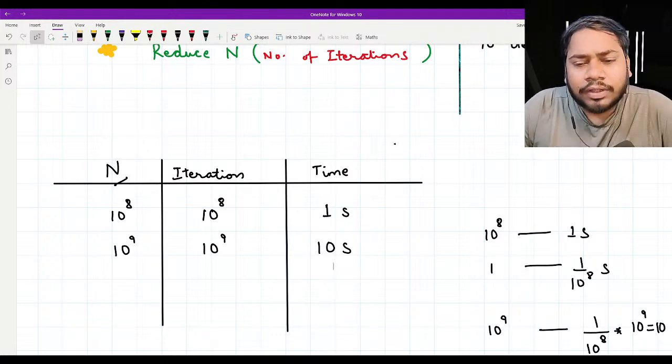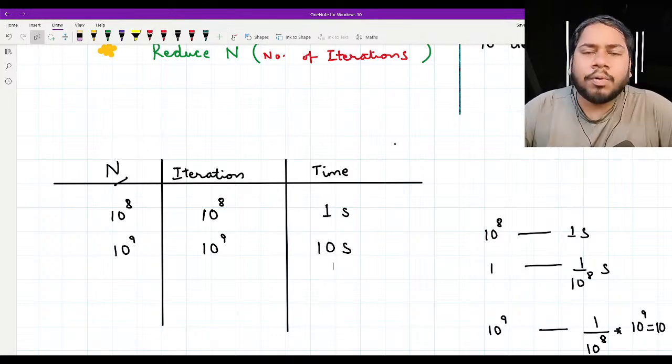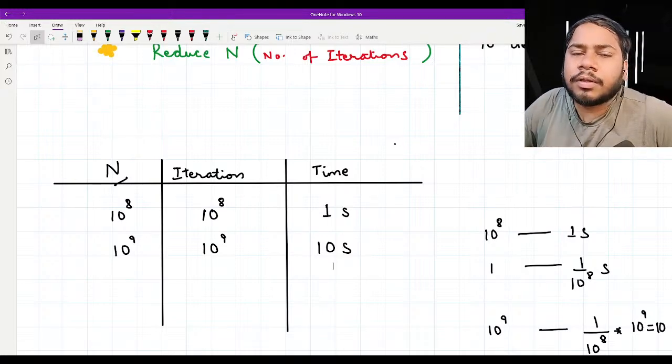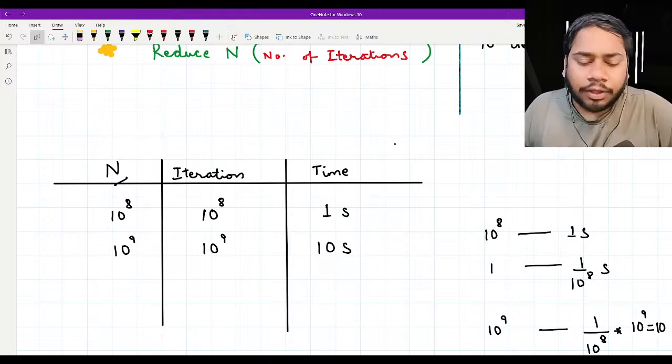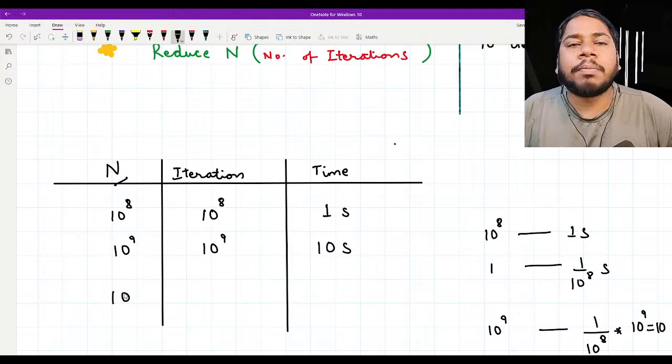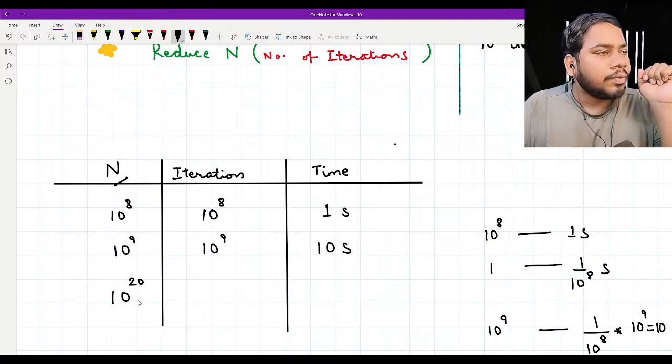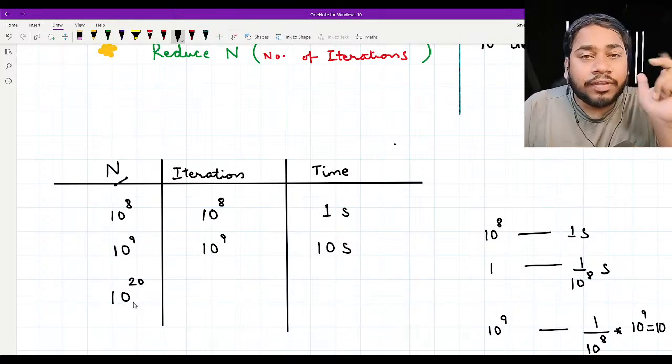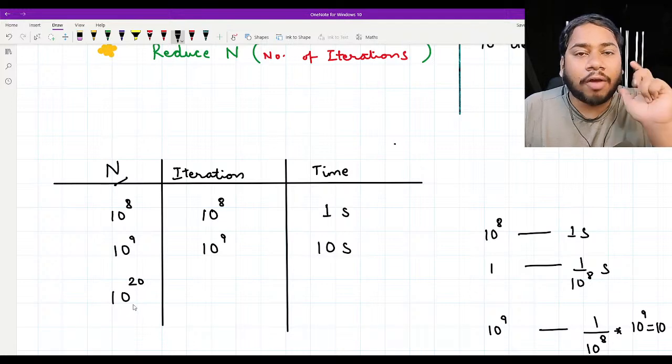Think of one thing, guys. Suppose the number we are using is 10 to the power 20. Now you will see the magic of powers.